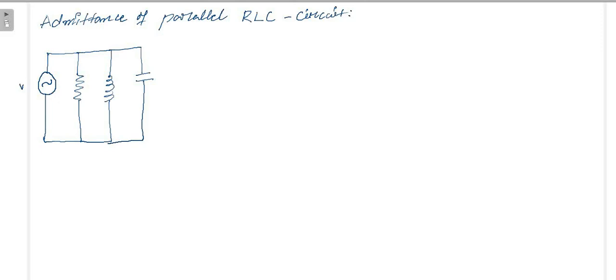This is your V or V of t, value is Vm sin omega t. After two more concepts, we are going to see some problems on the topics. So this is your R and this is your L and this is your C.